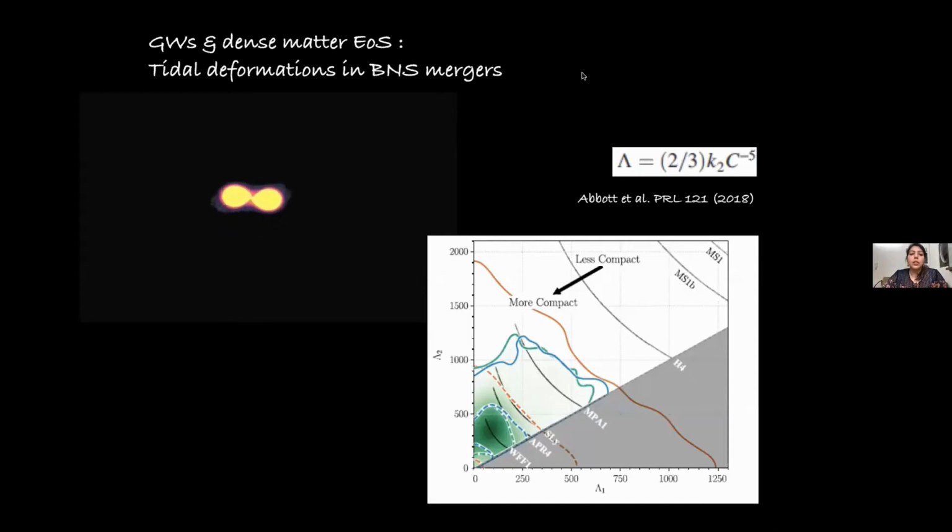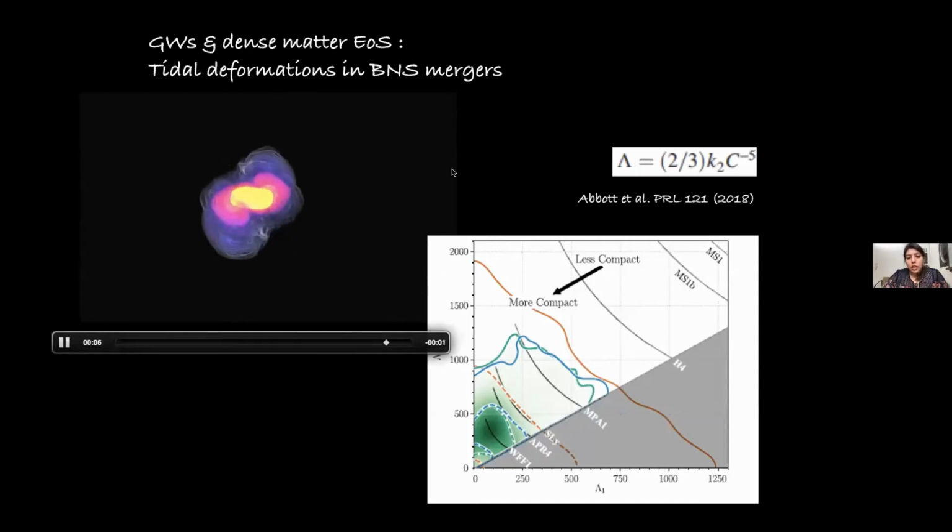This was because the merging neutron stars, because of their strong gravitational attraction, tidally deform each other. This tidal deformation depends on the compactness or radius, and therefore helps us put constraints on the equation of state.